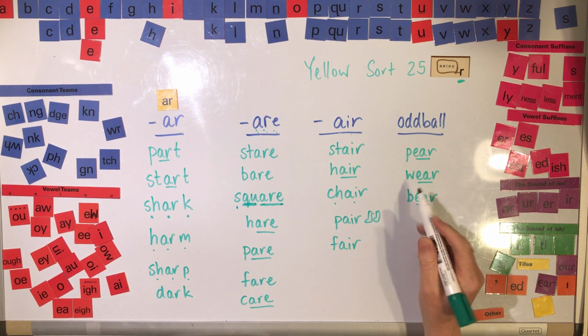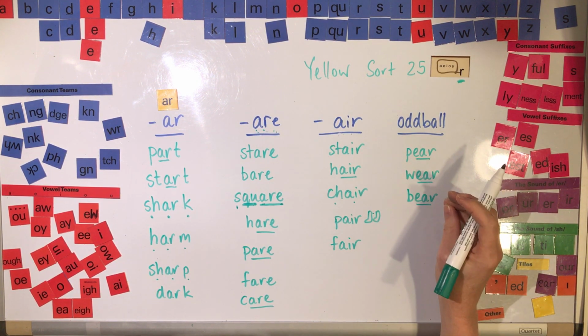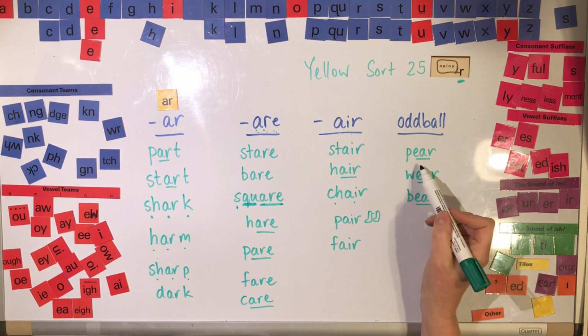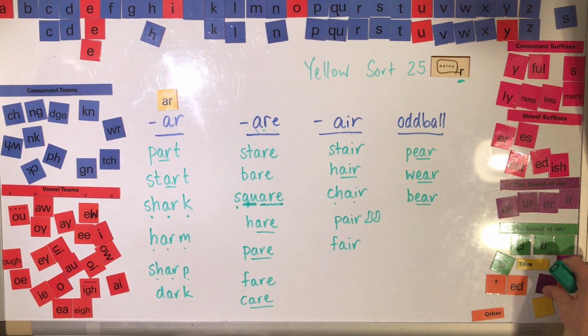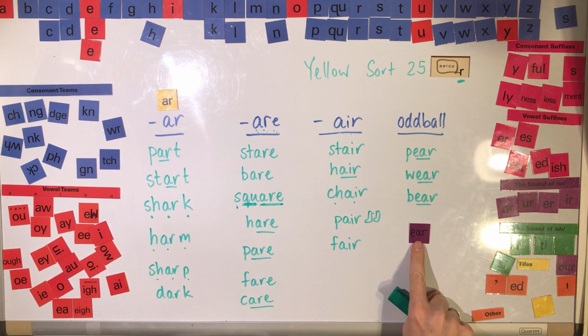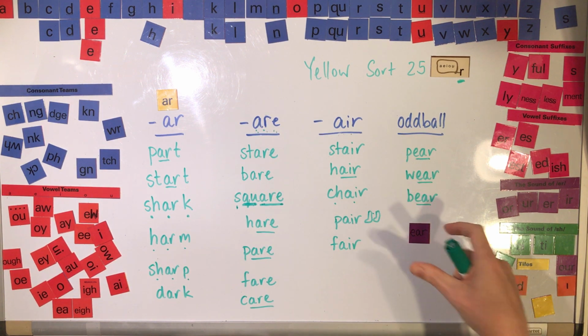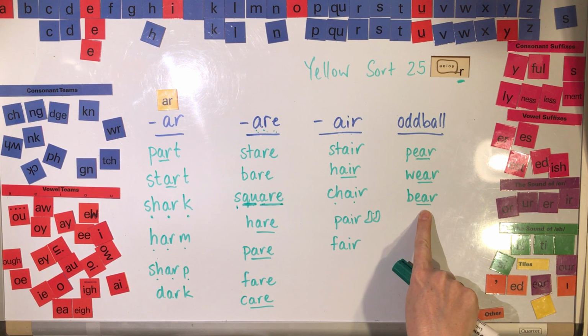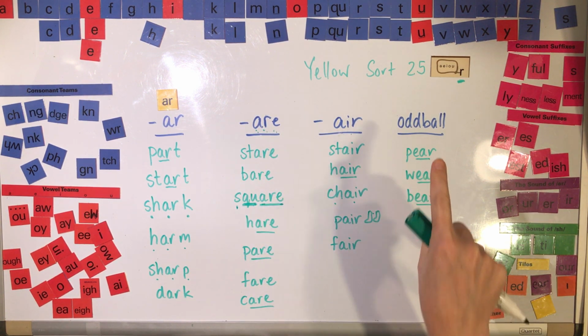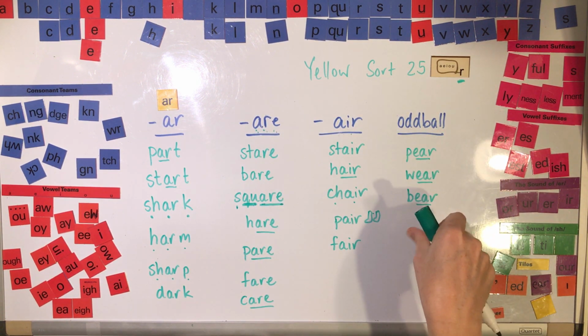That's actually a less common but still used way of saying air. Because normally, what does E-A-R say? When this is on its own, that says ear. But it can say air. So this is the E-A-R sound saying air. So this is a third way, but less common. So we're keeping this in the oddball category.